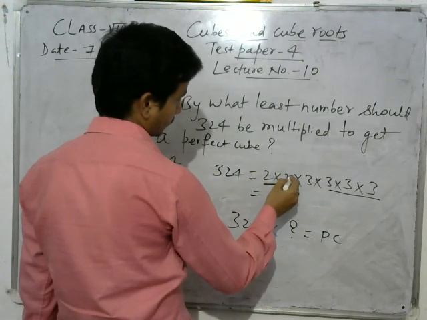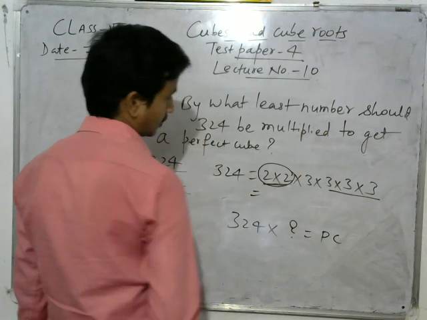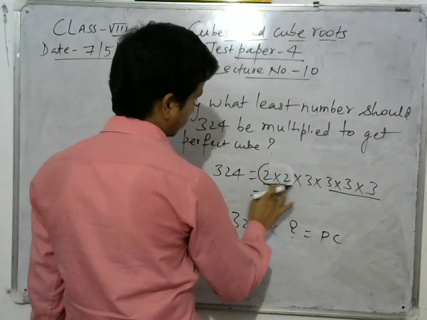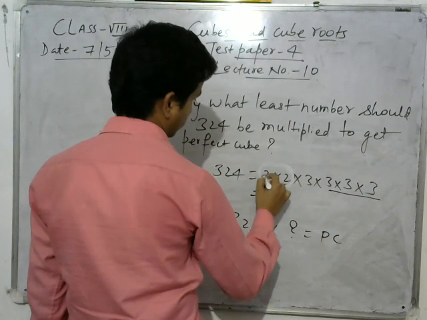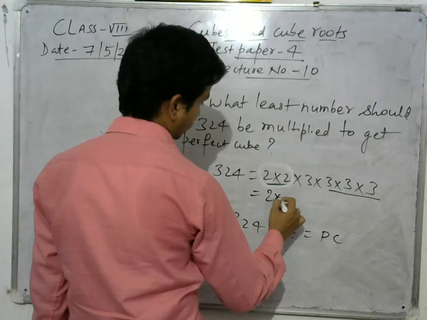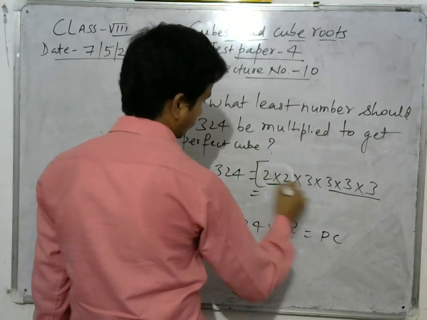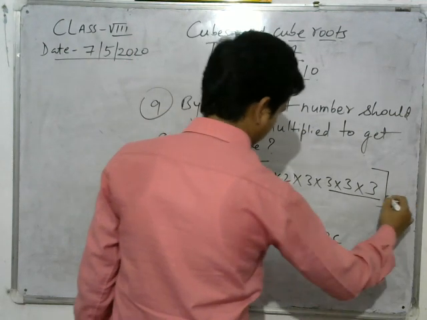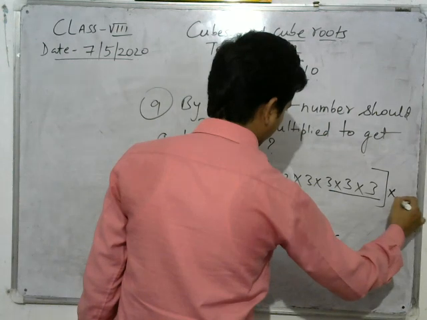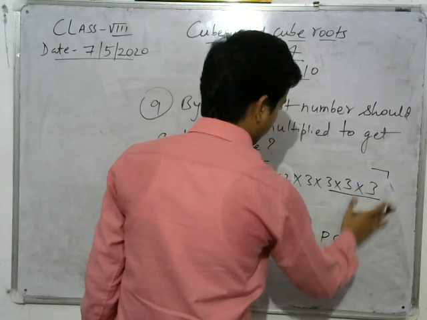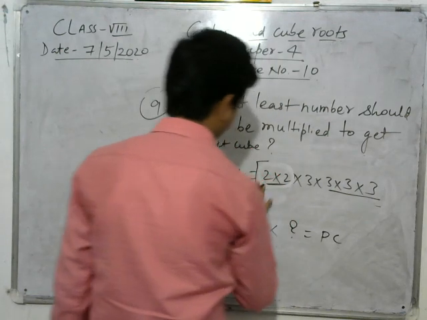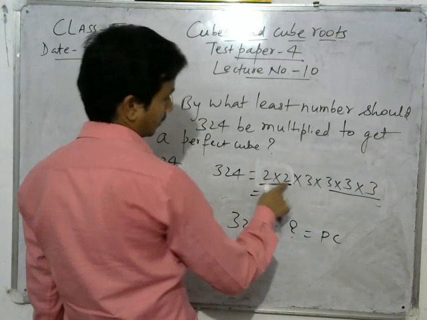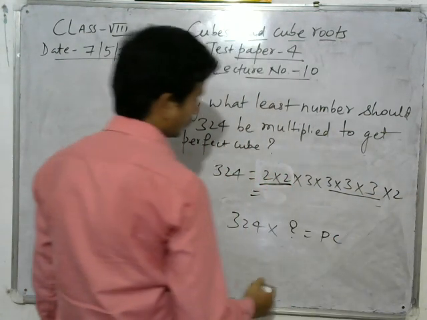Here one 2 is missing, so I should multiply it with one 2. There are two 2's present and one 2 we have to multiply.